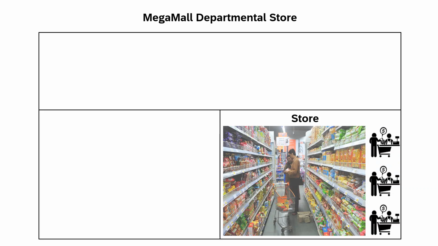On the right side you can see all the sales counters. The customers come into the departmental store, make their purchases, fill their shopping carts, and then go to the sales counter, get their items billed, pay for the billed amount, and then exit the store.